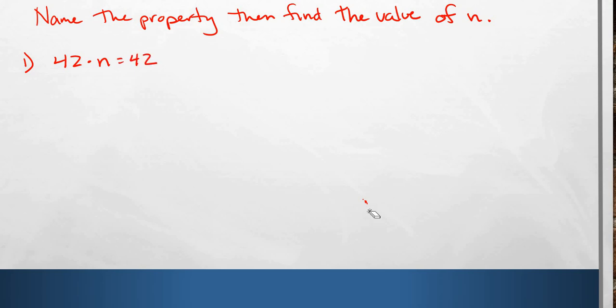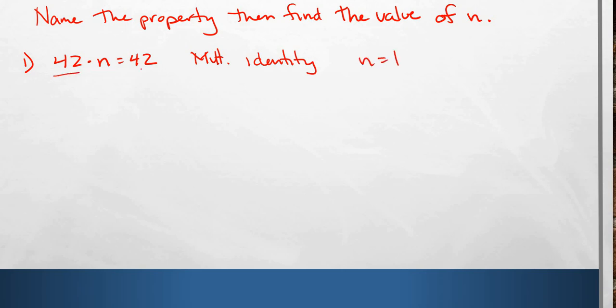What property is involved here, and what would be the value of n? Hopefully you said that this is the multiplicative, because it's multiplication. Sorry, M-U-L-T. The multiplication identity, and therefore n would equal 1.